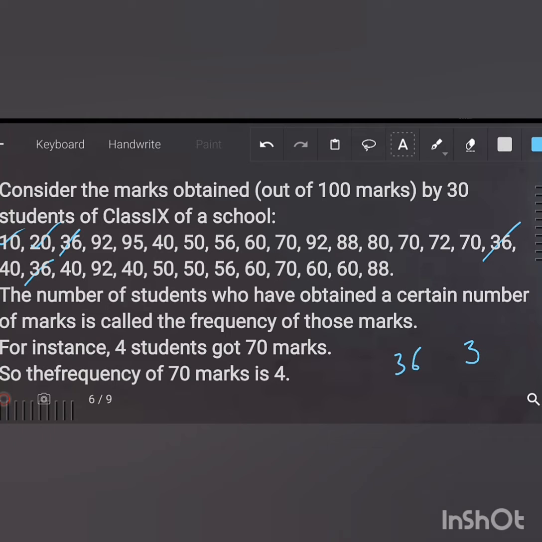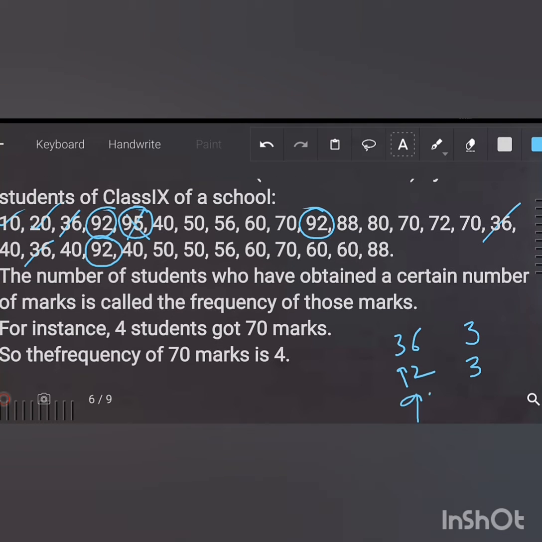Next, the frequency of 92: 1, 2, 3, so the frequency of 92 is also 3. Next, the frequency of 95 is only 1.